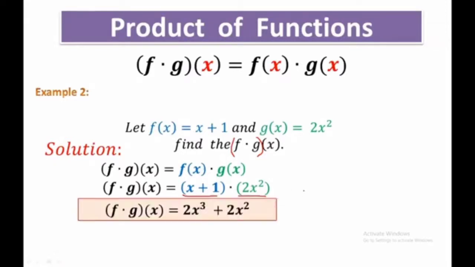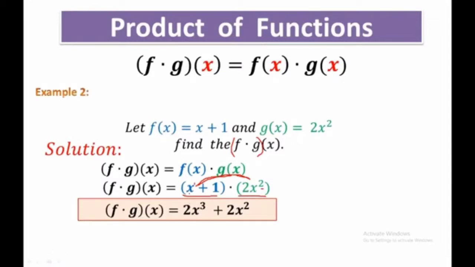Imo-multiply natin. That is equivalent to, okay, so this is also a distributive property. Distribute natin. So this is x times 2x squared. We have 2x raised to 3. Kasi this is raised to 2 and then our x raised to 1. So x squared times x, that is x raised to 3. I-add lang natin yung exponent ng variable natin pag magmo-multiply tayo ng two variables.